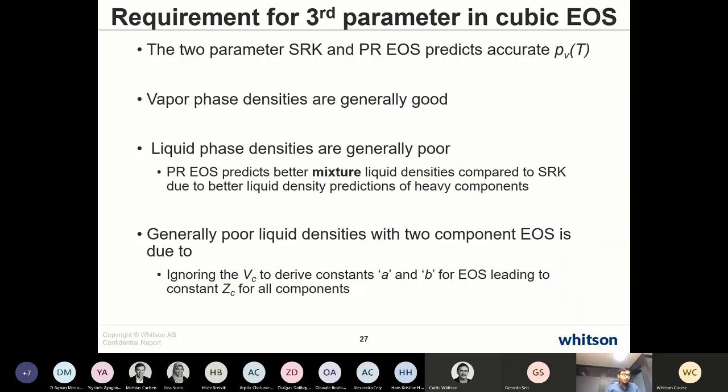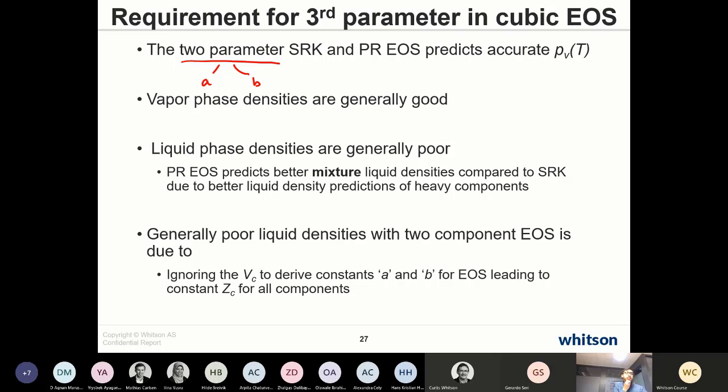This is just a summary of what we discussed yesterday: the main issue with the two-parameter cubic equation of state model, and I'm emphasizing that's just the two parameters A and B, so that's your small a and the small b for each component. It has this limitation on the liquid phase density. We did the exercise yesterday.